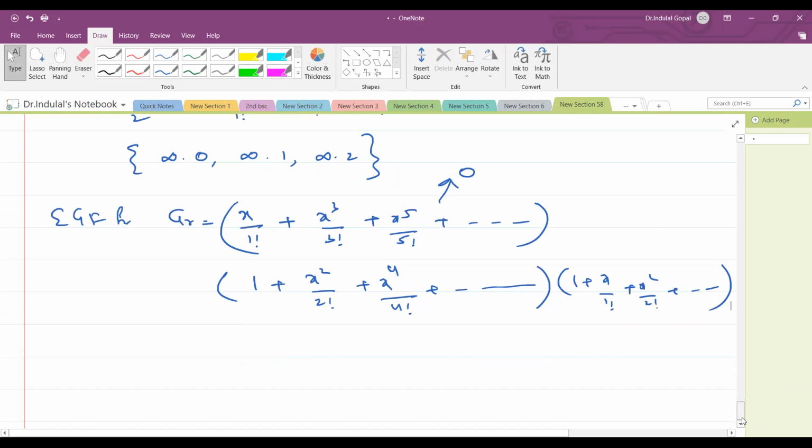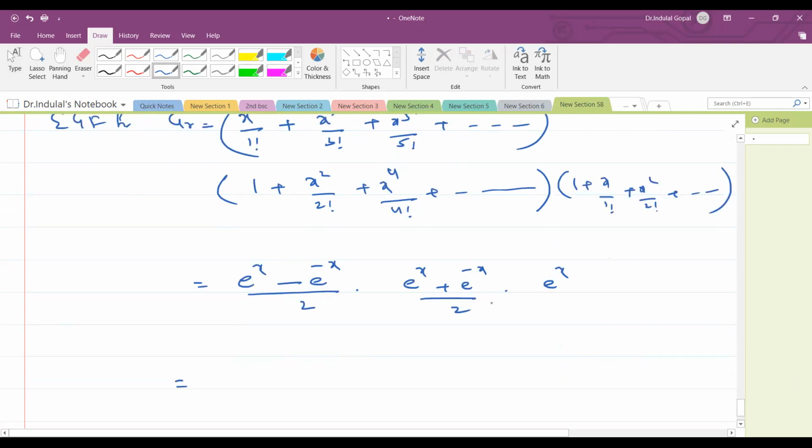Therefore, this can be simplified, because we can use some mathematics here. This is e raised to x. The first bracket is e raised to x minus e raised to minus x by 2. The second is e raised to x plus e raised to minus x by 2. The third is e raised to x.